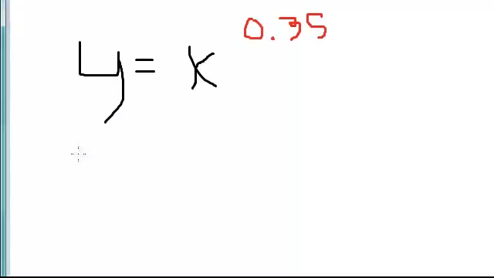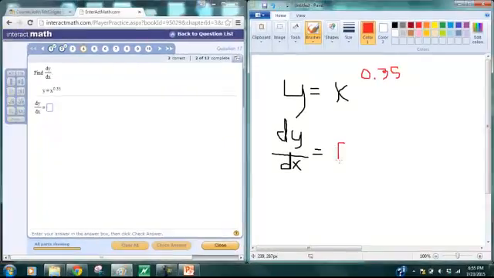So dy dx, the derivative of y with respect to x, is going to be equal to, and this exponent here is going to come down and become the coefficient, 0.35 x, and then we're just going to subtract 1 from our exponent, so 0.35 minus 1.